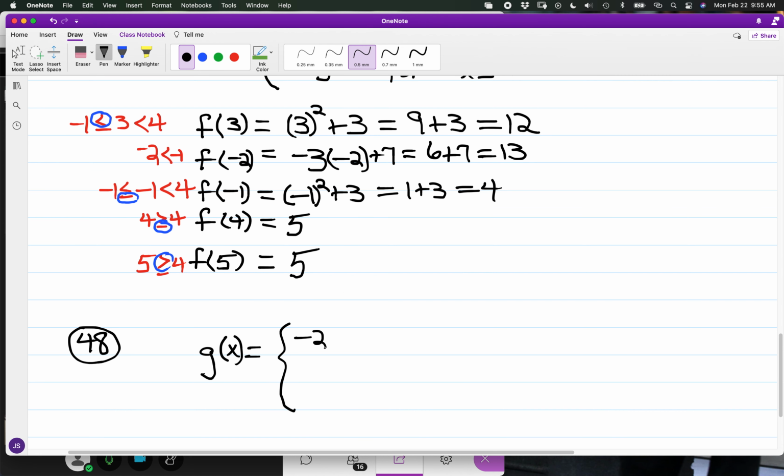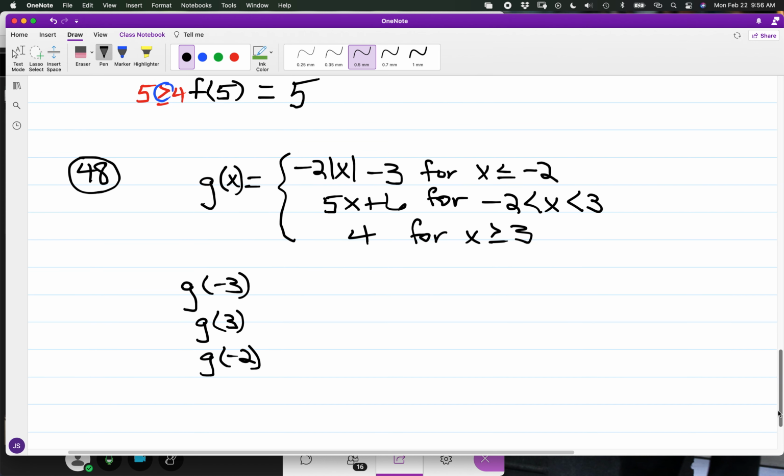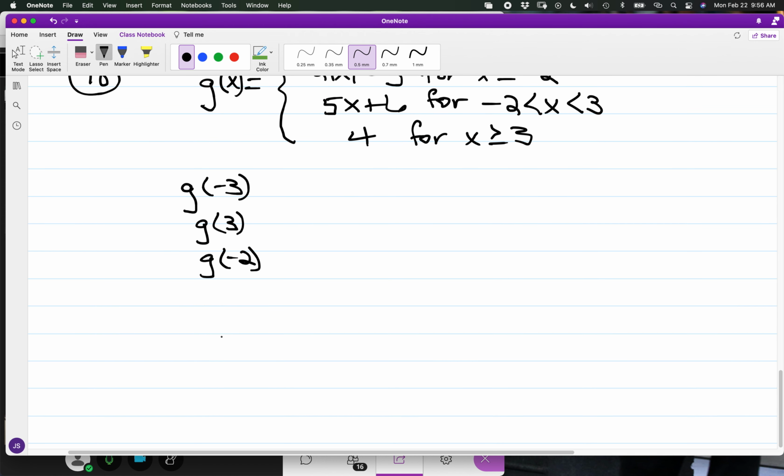Okay, and so looking at what we have among the inputs, I have g of -3, g of 3, g of -2, along with g of 0, as well as g of 4.